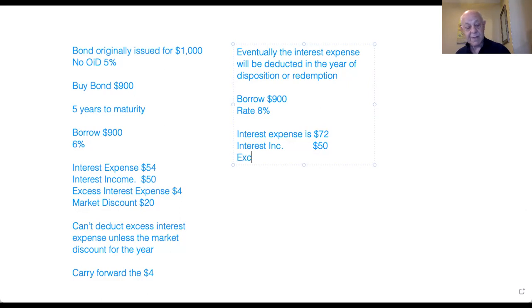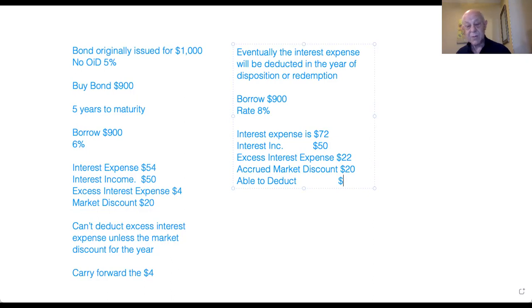We now have excess interest expense of $22, and we have accrued market discount of $20. So we're able to deduct $2. And that's because we really lost money economically.